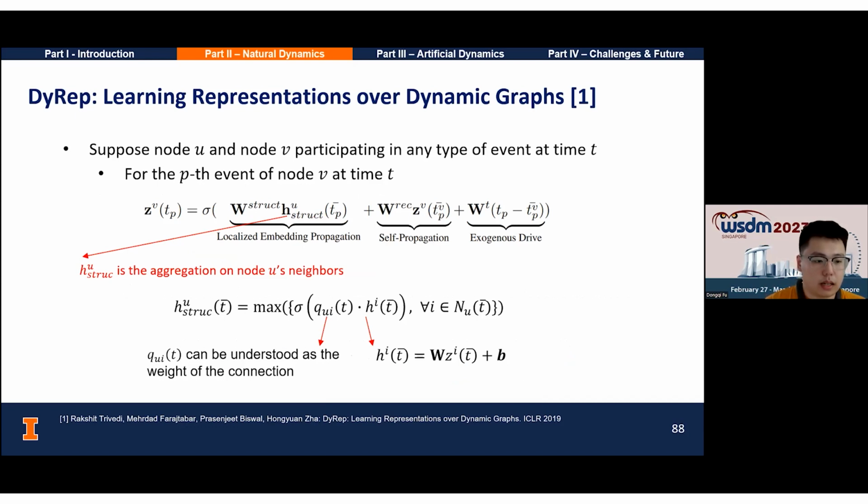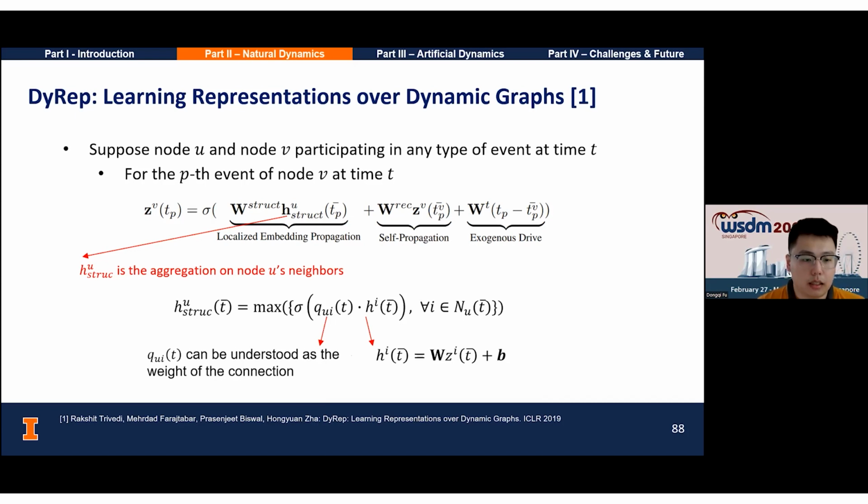So the HU struct is the aggregation of node U's neighbors, recording the event that happens between node V and node U. To obtain node V's representation vector, we also need the neighbor information from node U. So this is the intuition of this localized embedding propagation. To get the neighbor information aggregation from node U, we have the following equation, HU struct T bar.